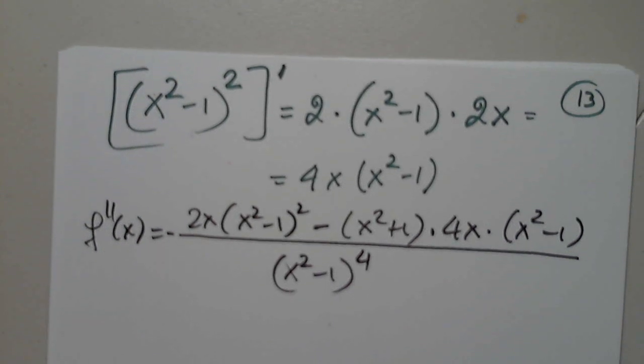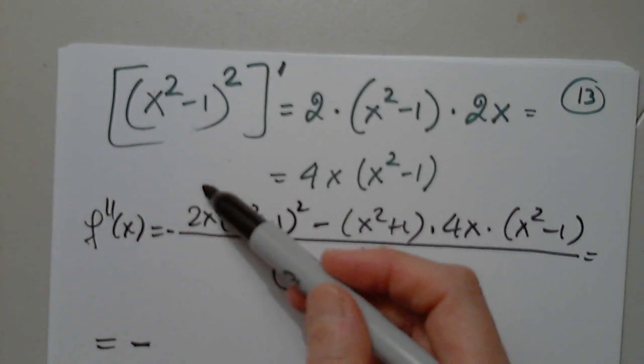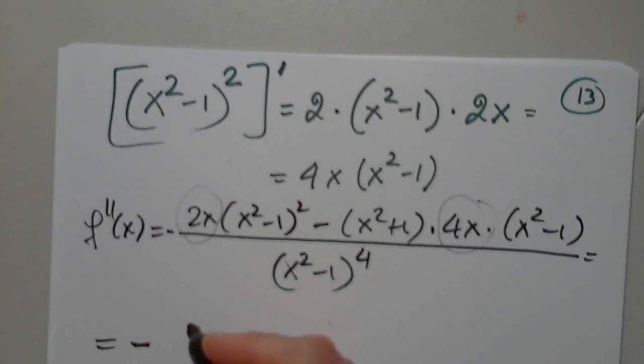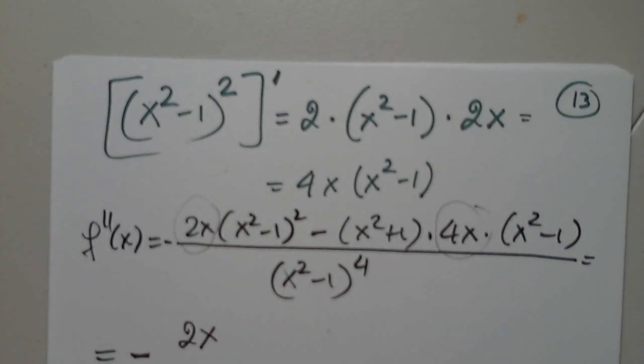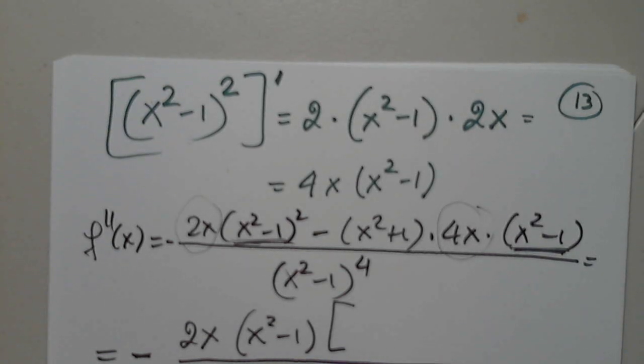Okay. See what happens next. There is a 2x in here and a 4x in here. So the common factor will be 2x. There is an x squared minus 1 squared and an x squared minus 1 in the other term. So an x squared minus 1 will go outside, which will eventually, we're not there yet, go away with one of those factors.